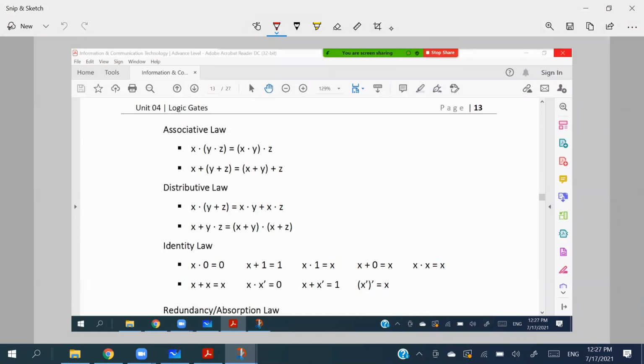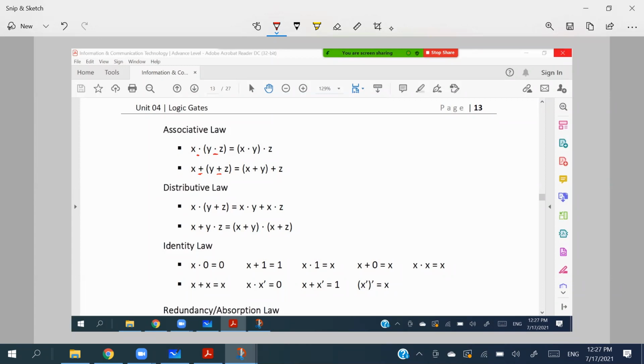Here you got a dot and another dot, here you got a plus and another plus. So again, the associative law says if the operators in between the terms are identical, you can move the brackets.